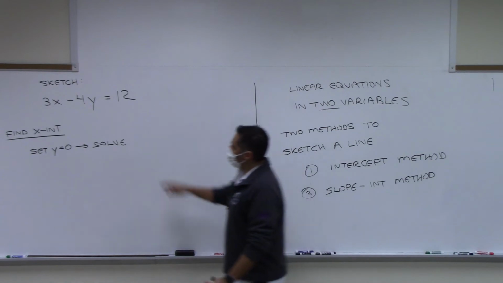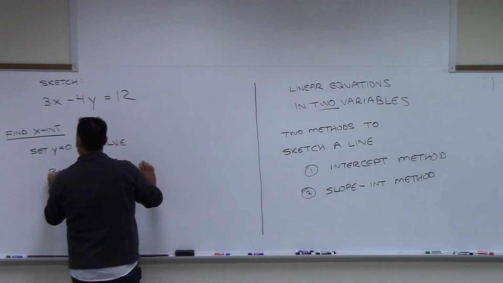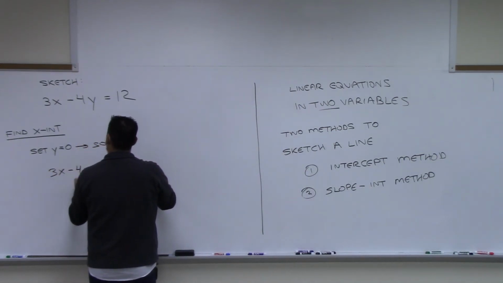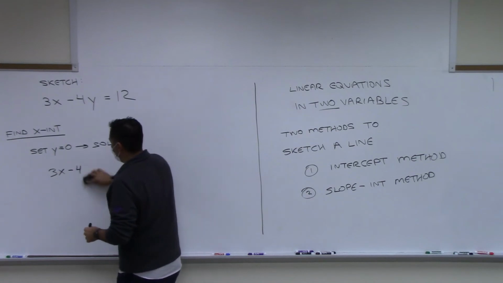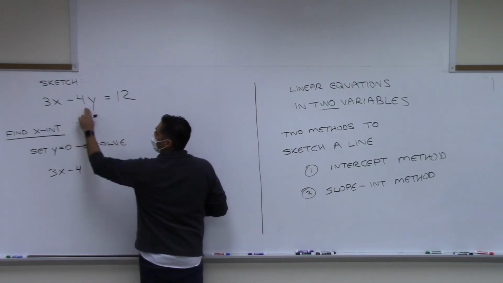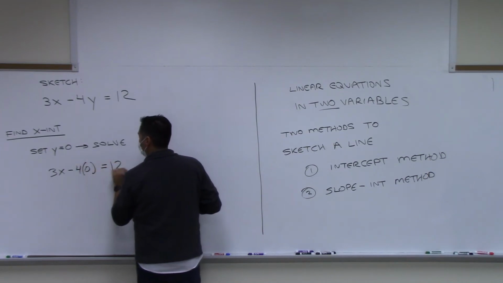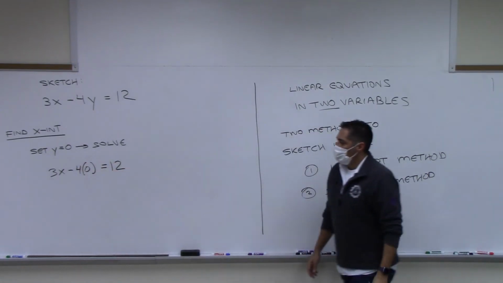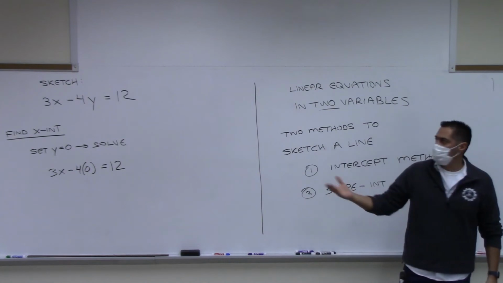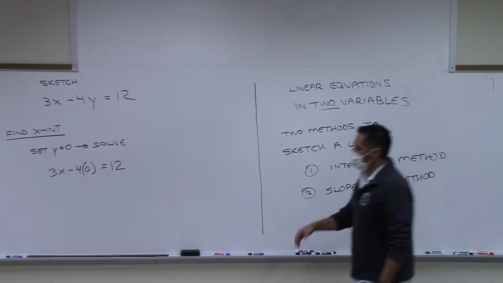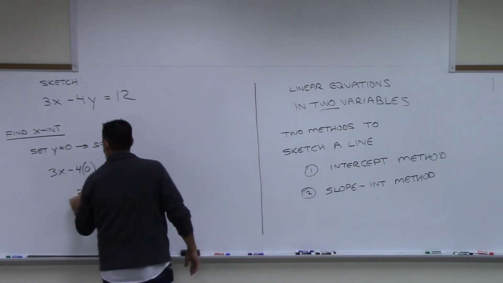So I'm going to write this equation down. I'm going to replace the y with 0, like that. And that really has the effect of killing off that minus 4y, right? So all you're left with is 3x equals 12.